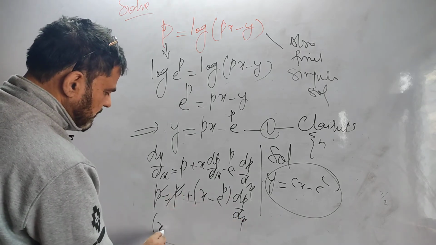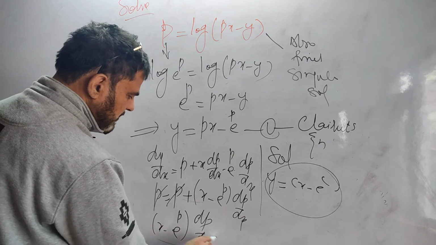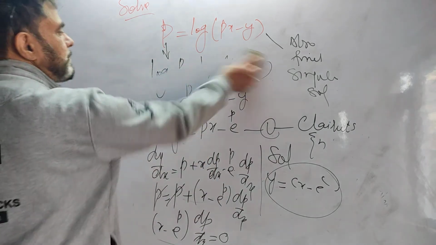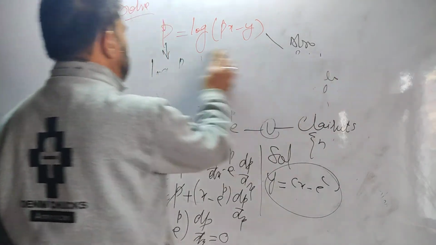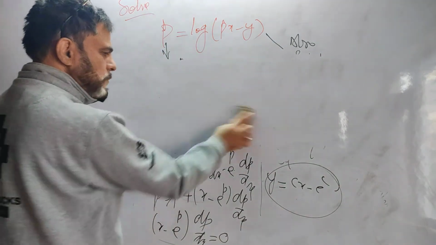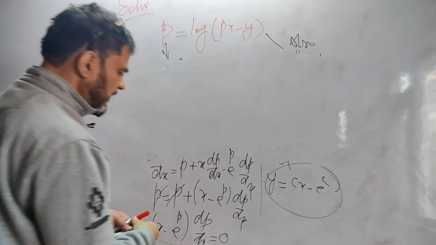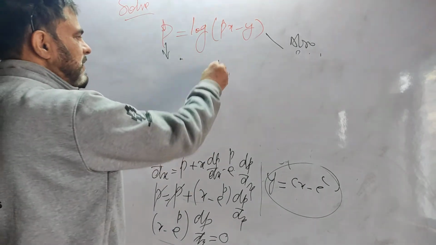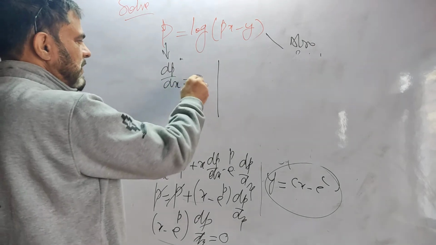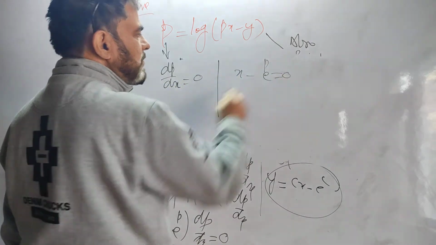This gives x minus e raised to the power p times dp by dx is equal to 0. So how will you proceed? One factor is dp by dx is equal to 0. Another is x minus e raised to the power p is equal to 0.